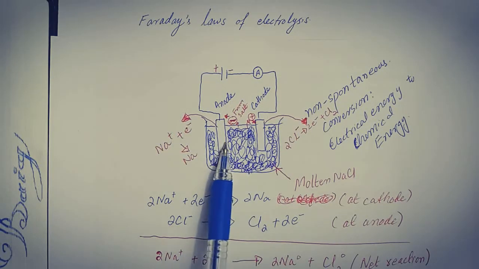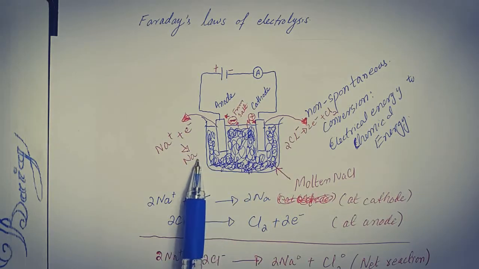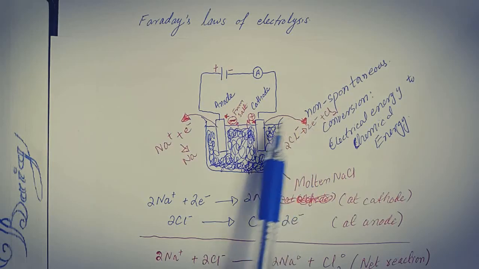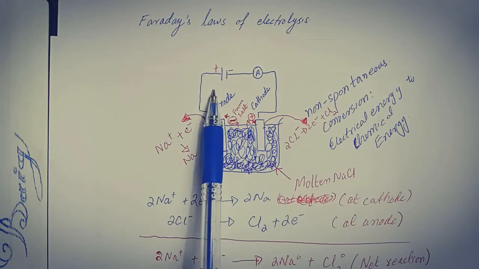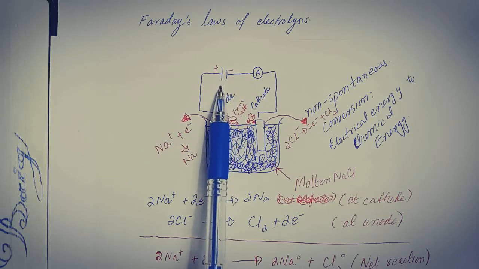So here the weight or the amount of these species that are deposited or liberated is directly proportional to the amount of electricity or the quantity of electricity passed.